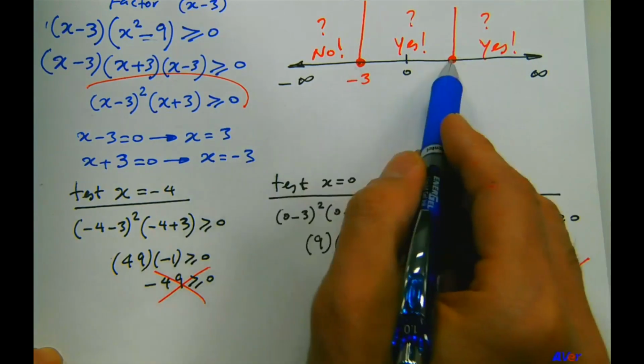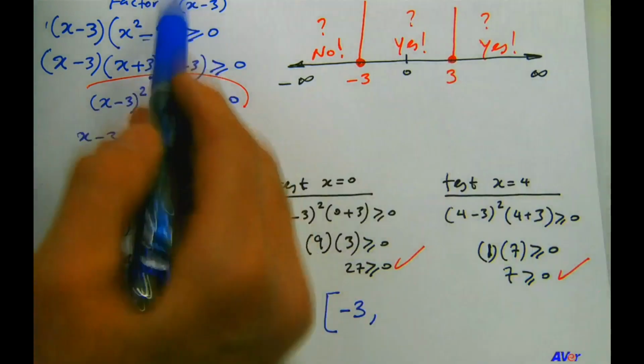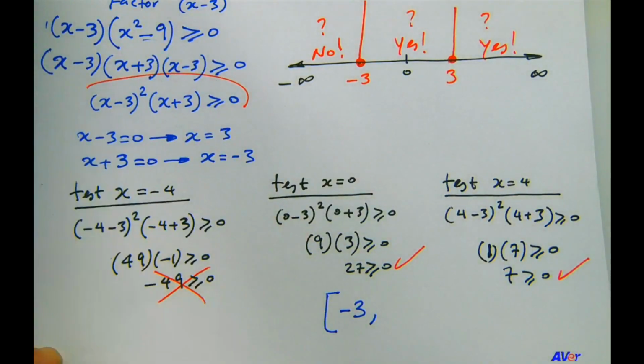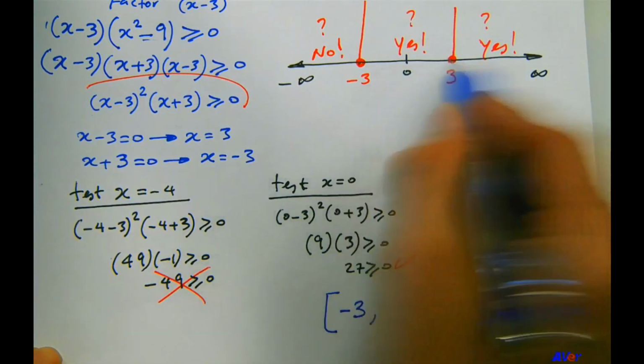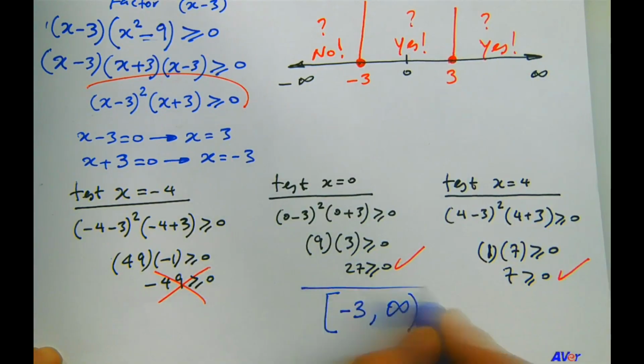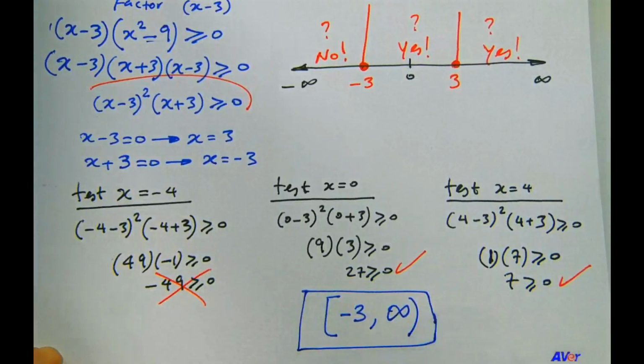When we hit 3, the expression that I highlighted is going to be 0, so it's acceptable. So that is included, and all the way to infinity. So bracket -3 comma infinity parenthesis.